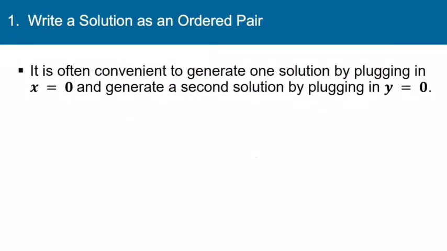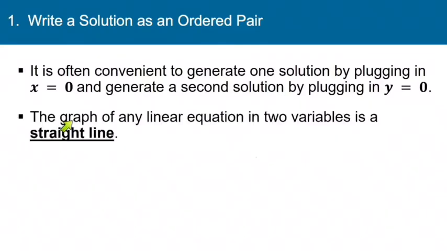Now, very often, it's convenient to generate one solution by plugging in x equals 0 and generate a second solution by plugging in y equals 0, because 0 is just an easy number to plug in. And the graph of any linear equation in two variables is going to be a straight line. In fact, that's why they are called linear equations.